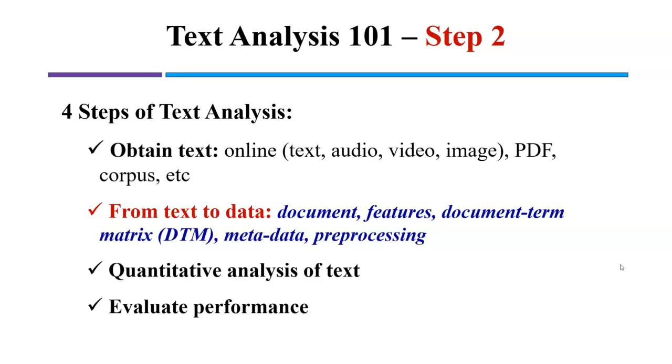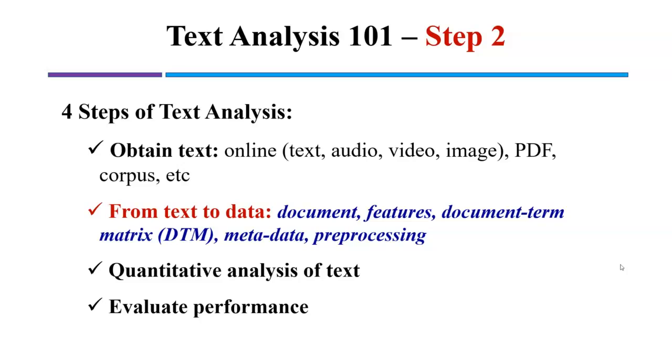The unit of analysis depends on your research or your interest. It can be a sentence, a word, a term, or a whole document. All are possible. But to read the text, we need to change all the text into a document term matrix. Only when it becomes a document term matrix can we apply statistical methods.